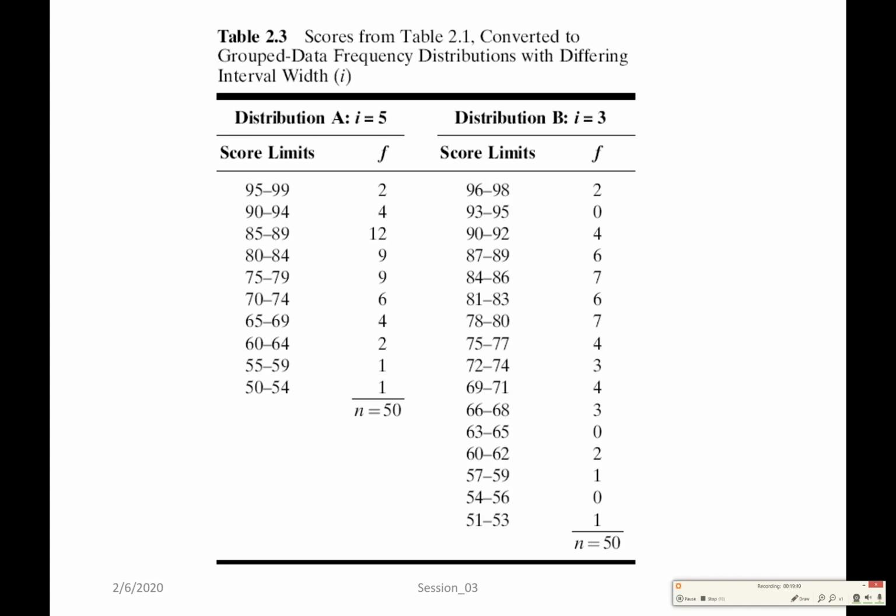You can get more sophisticated by creating what we call limits, or ranges, where you say, well, 95 through 99, 90 to 94, and then use a frequency count for that as well. The total is the same for both. The one on the left uses a much wider range, while the one on the right uses a much narrower range of 3.